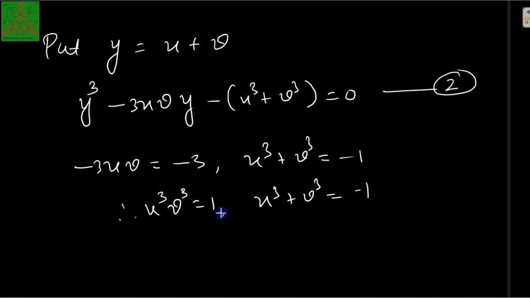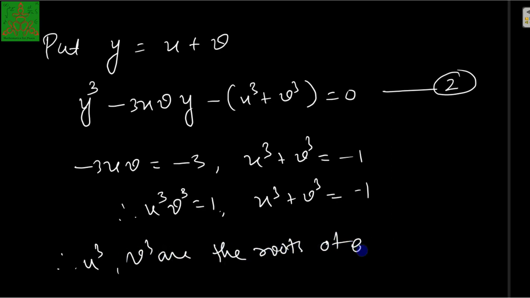So u cube into v cube is also 1. So u cube and v cube are the roots of the equation t square plus t plus 1 equal to 0, since u cube plus v cube is minus 1 and u cube into v cube is 1.